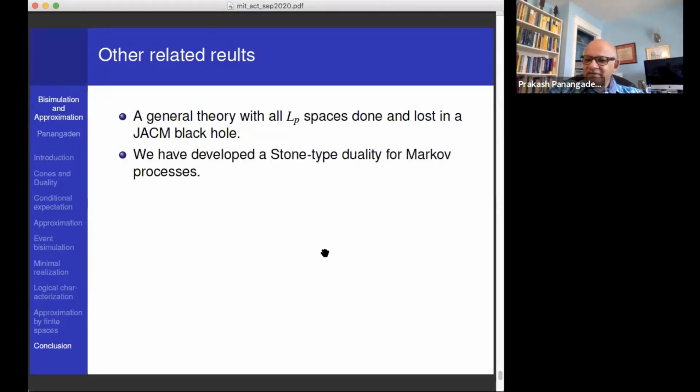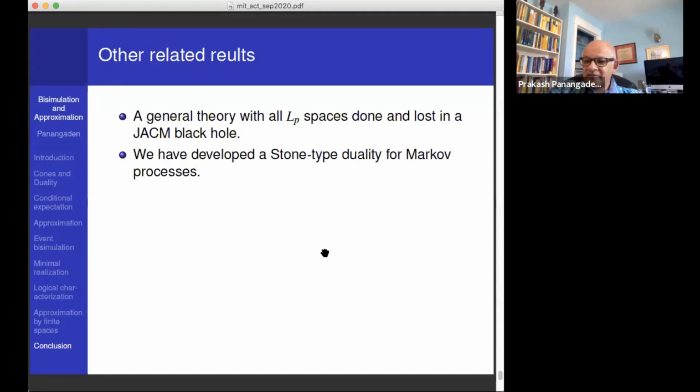Speaking of duality theory in the context of Markov processes, quite independently of all this line of work, with a completely different, I think disjoint, set of co-authors, I've worked with Dexter Kozen, Radu Mardare, and Robert Furber to develop a Stone-type duality theory for Markov processes. We call the algebraic counterpart Aumann algebras.